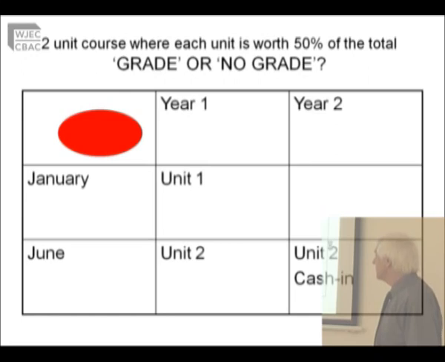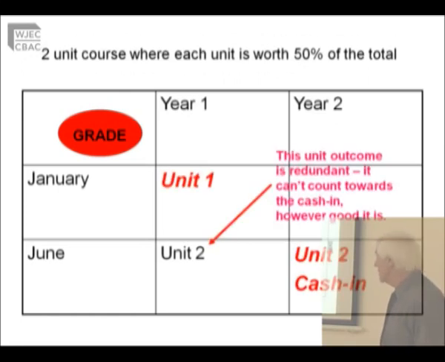He's doing 50% of the course at the end, and he will get a cash-in, and that Unit 2 outcome will count towards his grade. The Unit 2 he did in June the previous year can't count, because he's got to have 40% coming from the end. So that was a waste of time in that sense. If that candidate said, oh, I had a brilliant result in year 1, what's happened to it? Well, I'm sorry, it doesn't count.